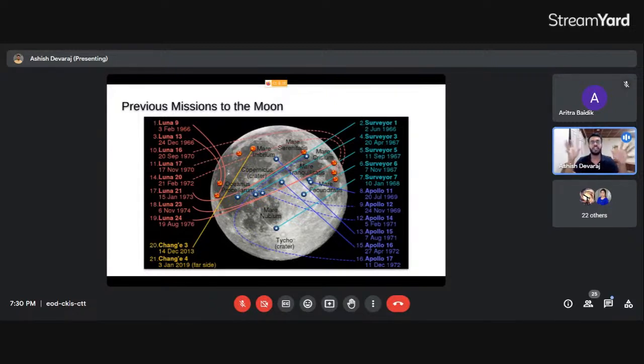We brought almost 400 kilograms of lunar material back to Earth, of which only half is analyzed, and the other half is not yet analyzed after all these 50-60 years. It actually opens up a lot of opportunity to study the moon. But as you can see in this figure, there are no missions which have gone to the South Pole, the downside of the figure.